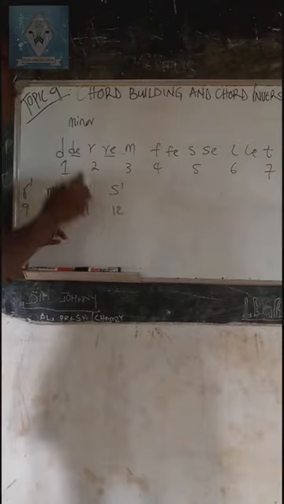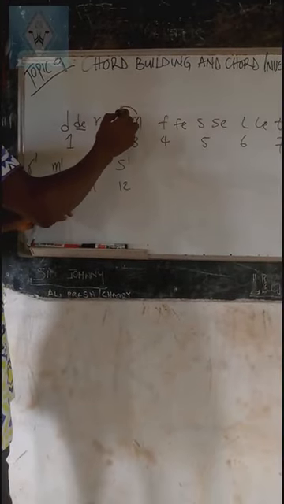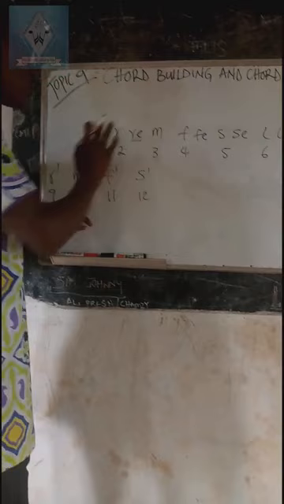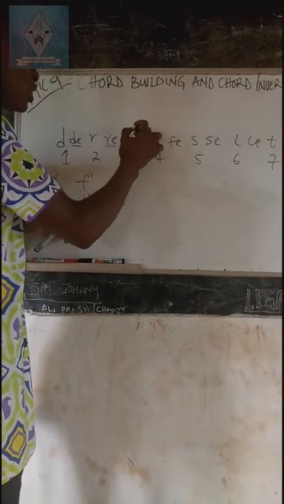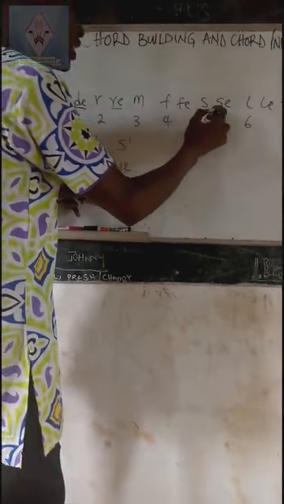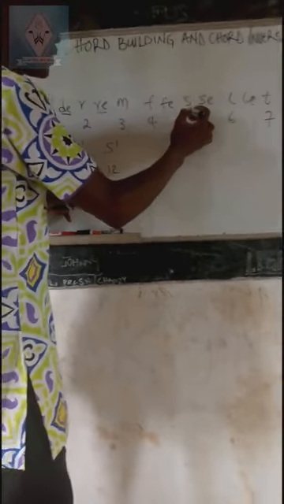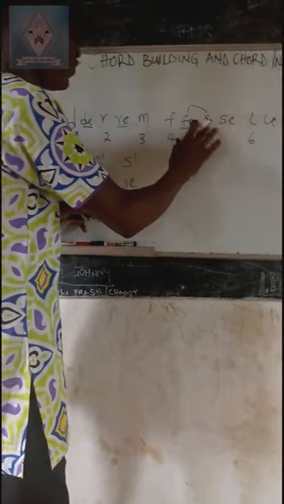This becomes a minor third interval because it entails reducing the major third by a semitone behind. Now, reducing the fourth interval by a semitone falls on Mi, which is the third interval, the major third interval. Now, reducing the fifth interval by a semitone behind will fall on Fi. This becomes the diminished fifth interval.